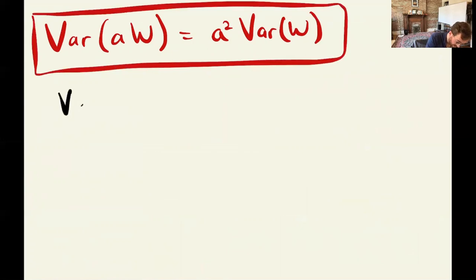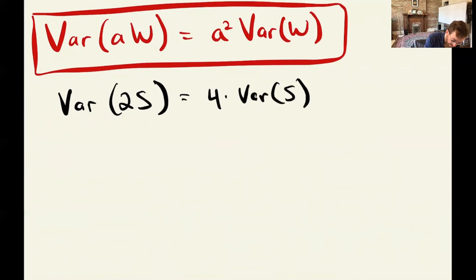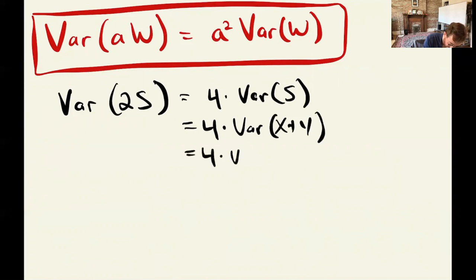So that allows me to say that the variance of 2 times S, which is our P, ends up being 4 times the variance of S, which is 4 times the variance of X plus Y, which is 4 times the variance of X plus the variance of Y.